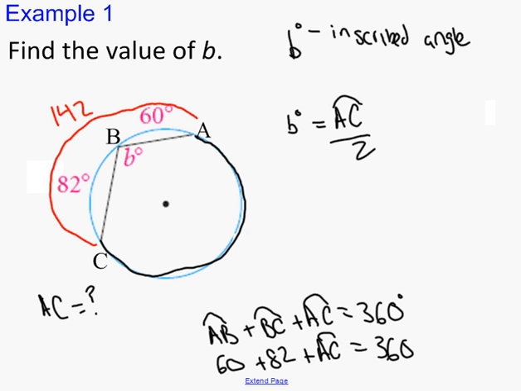So arc AC is 218. And if arc AC is 218, then that means that B, which is what we're looking for, is 218 divided by 2. 218 divided by 2 is 109, so the answer is 109 degrees.